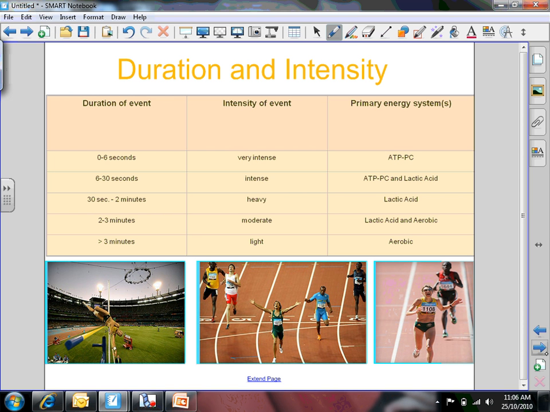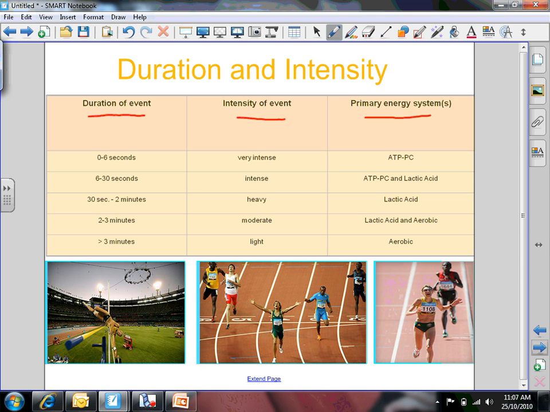And again, this is just another way to look at it. You've got the duration of the event, intensity, and then the primary energy system. And as you can see again, looking at the duration of the event, the longer the event goes, depending again on the intensity, the different energy system will become predominant. Now remember, it's predominant, it doesn't operate independently.